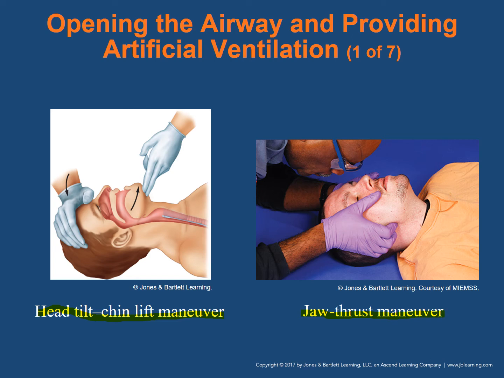What you're doing is placing the palms of your hands on the patient's zygomas, their cheekbones, and positioning your fingers under the mandibular angle so that you can use your fingers to displace the mandible forward, or anterior, and again that will take the tongue off of the back of the oropharynx and relieve any obstruction that the tongue may have caused. Again, we use the head tilt chin lift for patients with no suspected spinal damage, and we use the jaw thrust maneuver for patients where there is a suspicion of spinal damage.